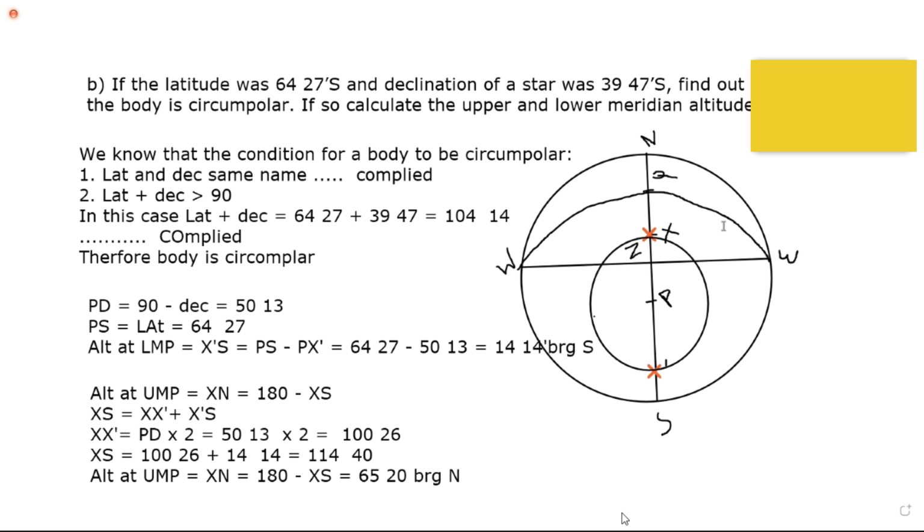So all is projected on the celestial sphere. So the declination is 39, it is south, so it will be south of Q by 39. If ZQ is 5 and this is 40, this will be smaller, ZX will be smaller, accordingly you have to draw.